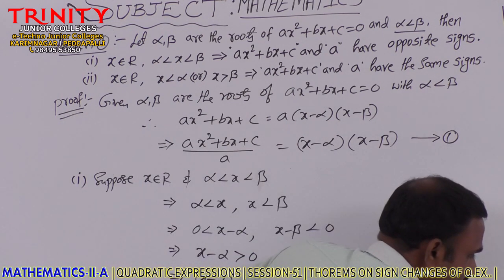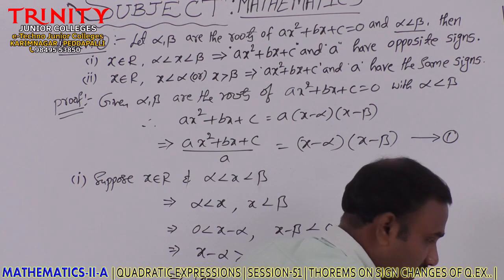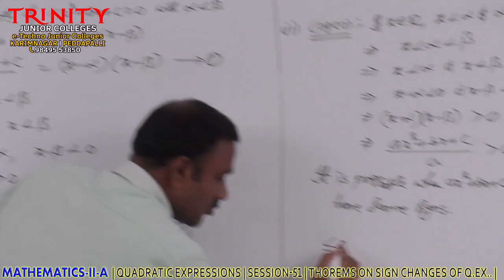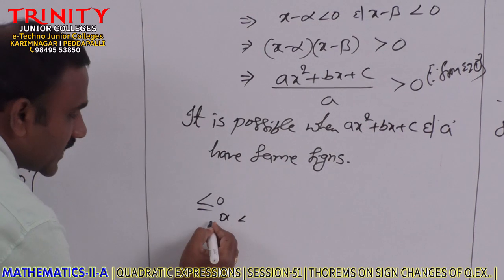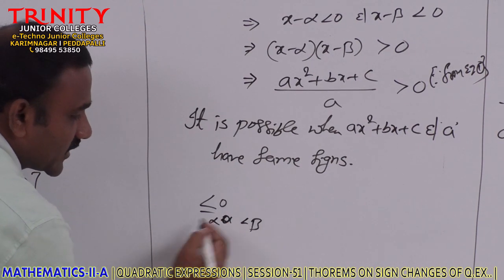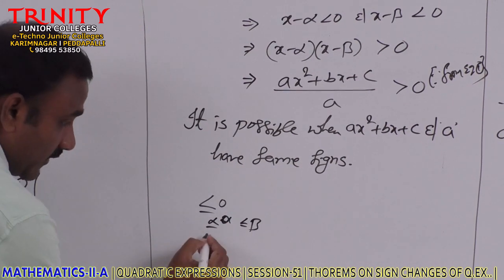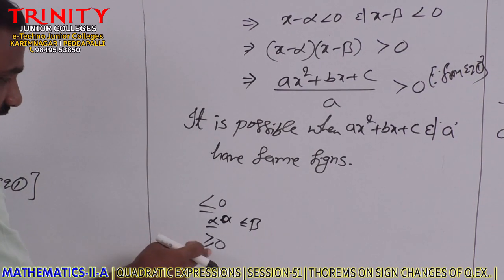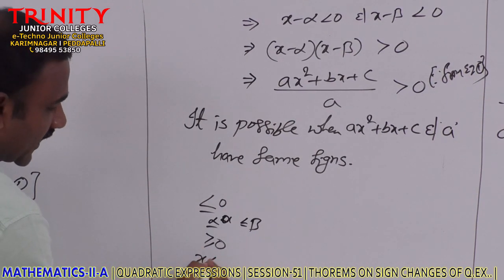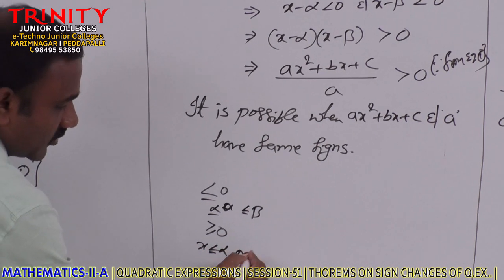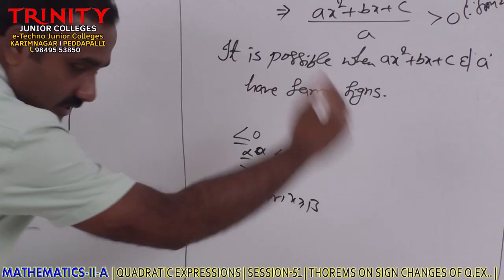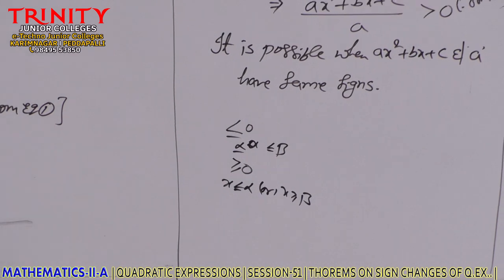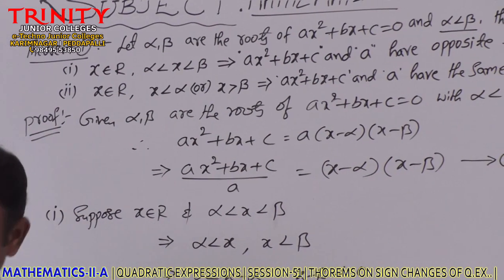If the x square coefficient is positive and the expression is less than or equal to 0, then x lies in between alpha beta. Remember that. If the x square coefficient is positive and the expression is also positive, then x will take the value less than or equal to alpha, or x greater than or equal to beta. Okay, it is a very important theorem, students. You have to remember this.